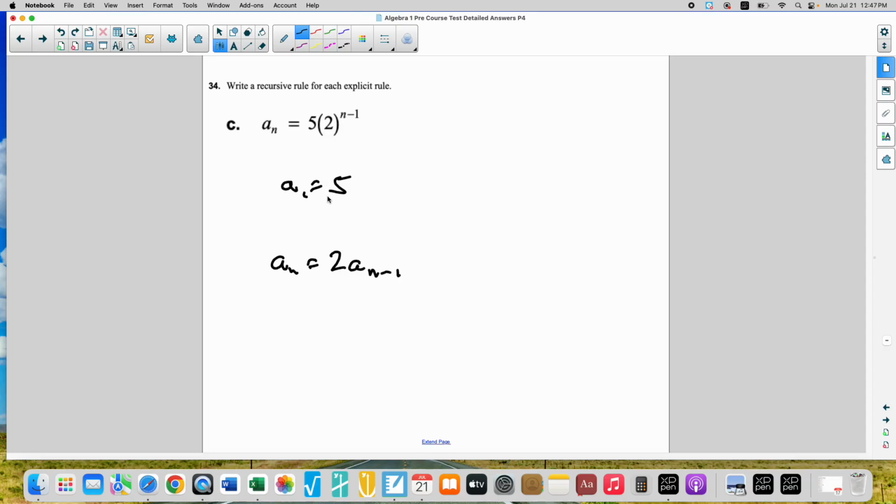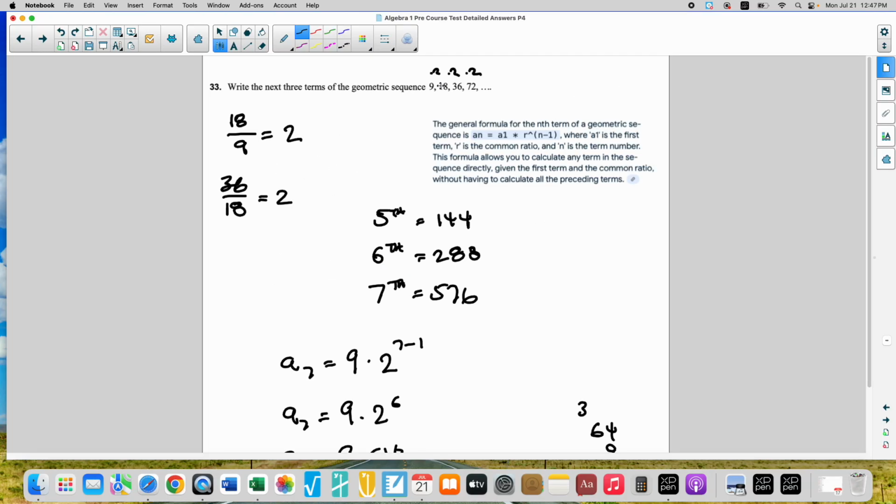Meaning if you take the term before, multiply it by 2, you'll get that term. So the term you're looking for equals 2 times the term before it. Got it. If we want to find 18, we're going to multiply 2 times the term before it. So the recursive rule for that would be a sub n equals 2 times a sub n minus 1.